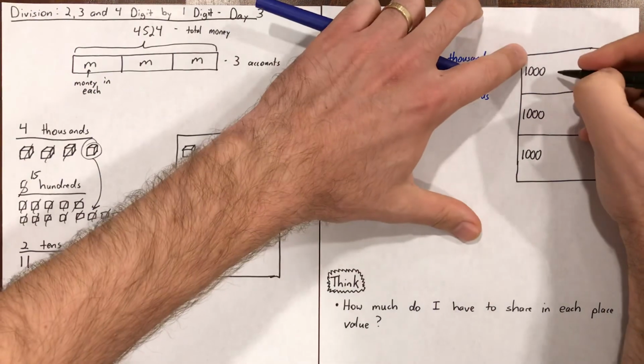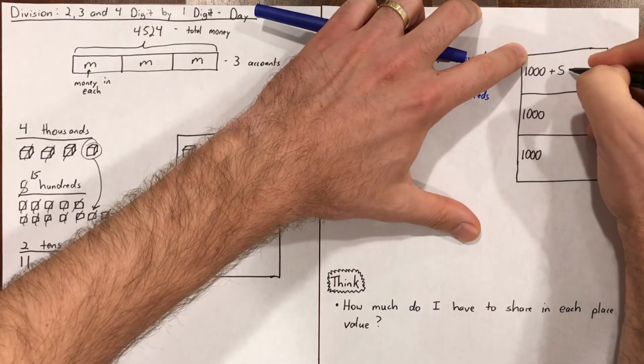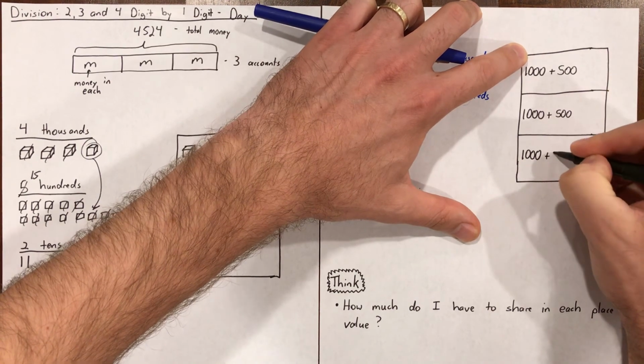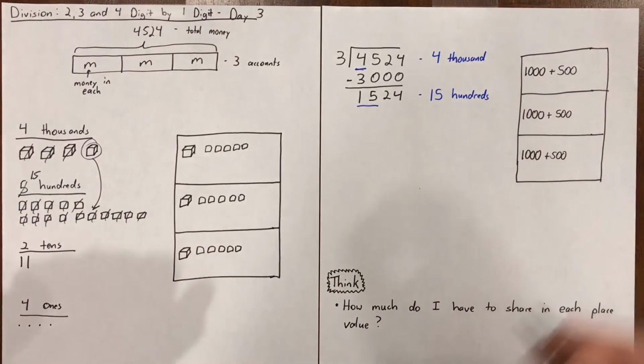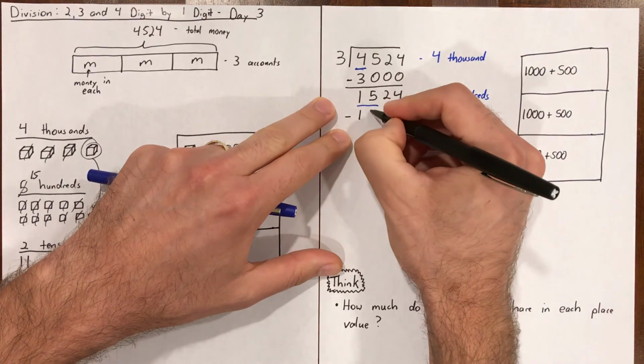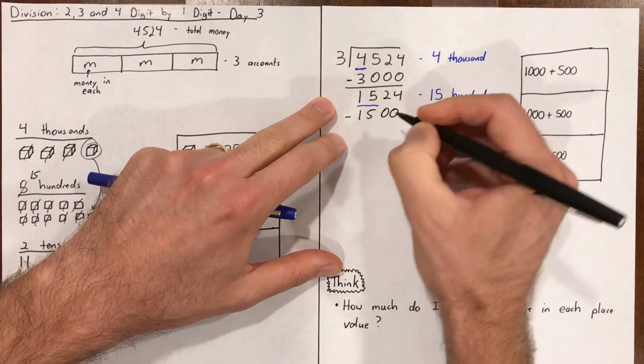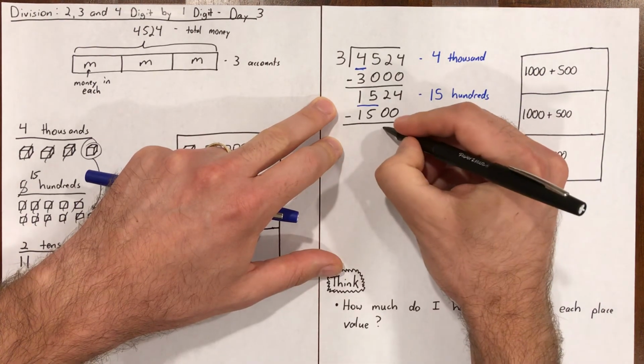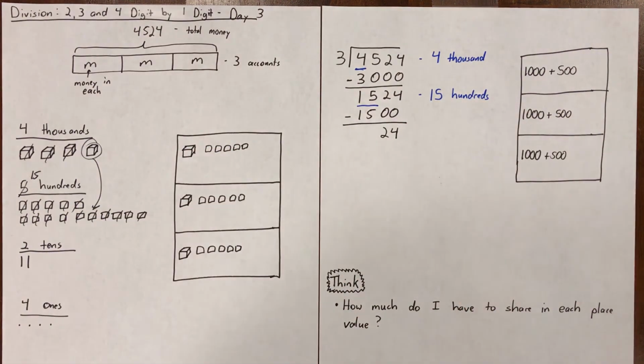And then here, instead of drawing the picture of 5 hundreds, I'm just going to write 500. I'll take away 1,500 because I shared 1,500, and that will leave me with 24.